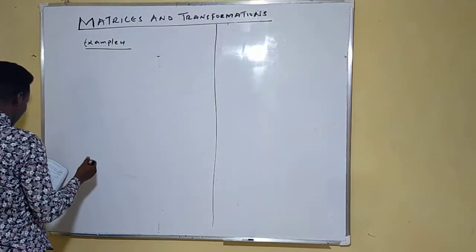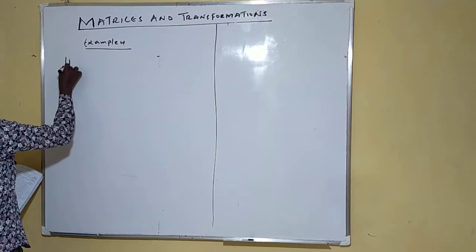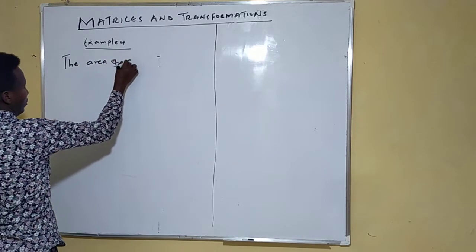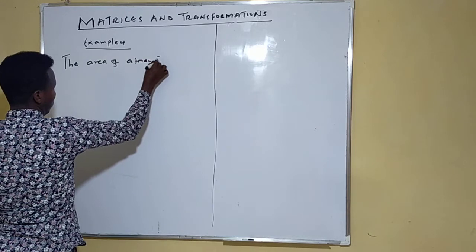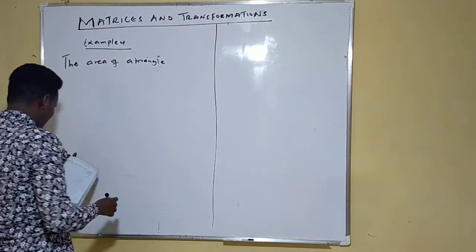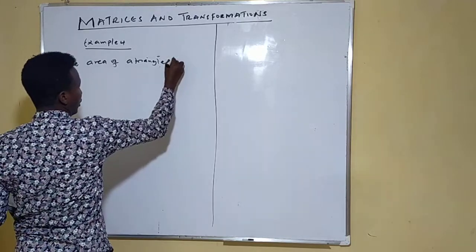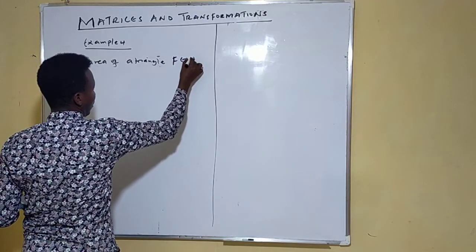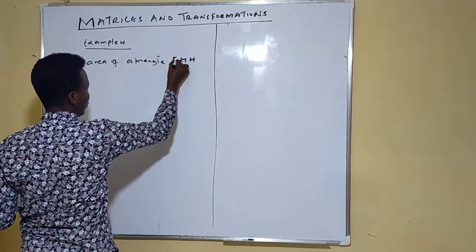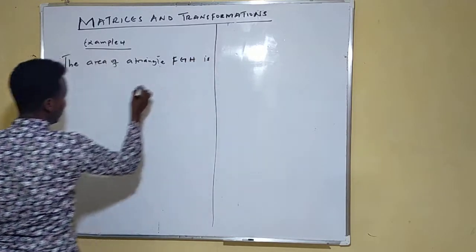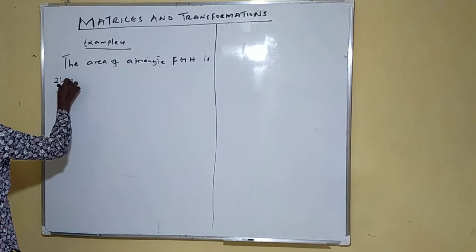We are told the area of triangle FGH is 21 centimeters square.